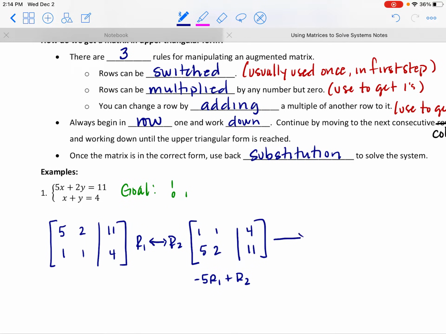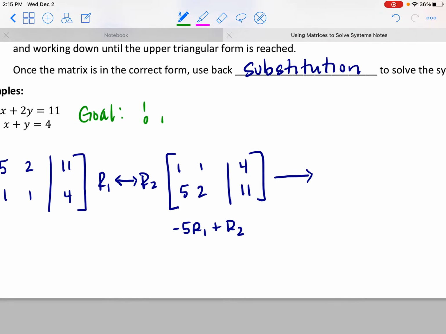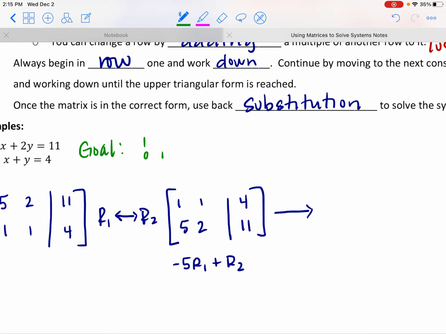So if I do negative 5 times row 1, let me just do the work here. As you get better with this, some of this you can do in your head. Negative 5 times row 1 would be negative 5, negative 5, and negative 20. If I add that to row 2, which was 5, 2, and 11, I'm going to get my new row 2. So row 1 is not technically changing.